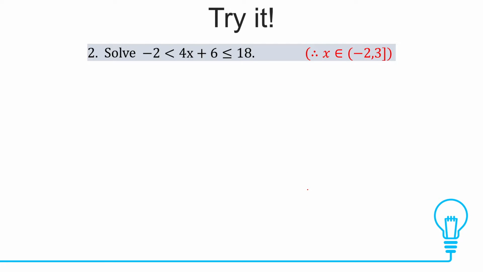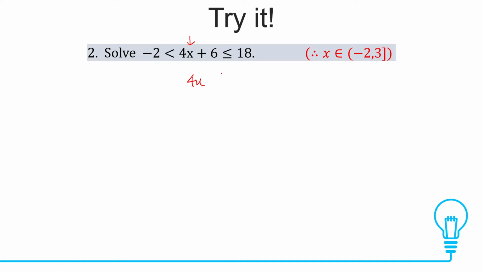Let us look at question number 2. Question number 2 is also a linear inequality. The middle itself is linear, and fortunately, the left hand side and the right hand side do not involve the variable. So what we do is shift the number 6 to the left and right side.